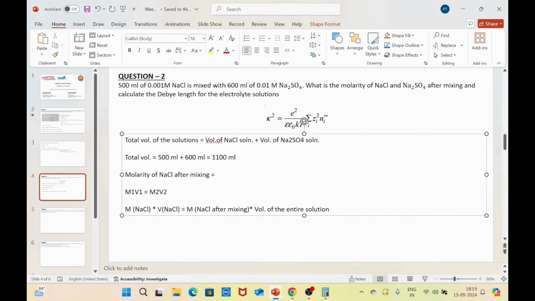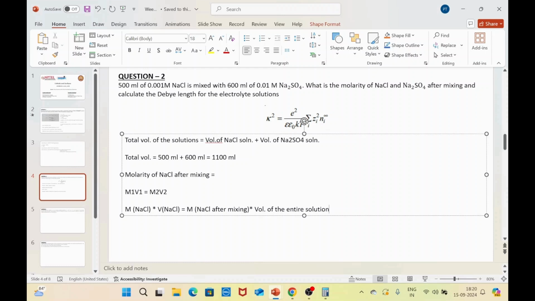Because when you consider the entire solution, the molarity of NaCl will be different. Before addition, it is only pure NaCl, but after addition, in the total volume of the mixture, Na2SO4 is also present. So the concentration of NaCl in the entire mixture will be different compared to its pure form.